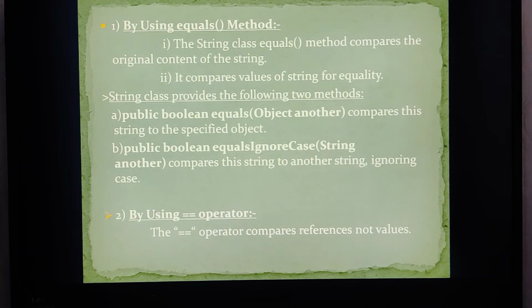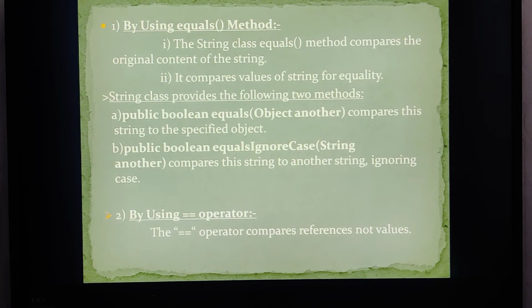Whether C is capital and M is small, or M is capital and C is small, it will not go through that. It will just compare the strings by ignoring the case. I will show you that in the code once we cover all the comparison methods. Now the double equal operator.